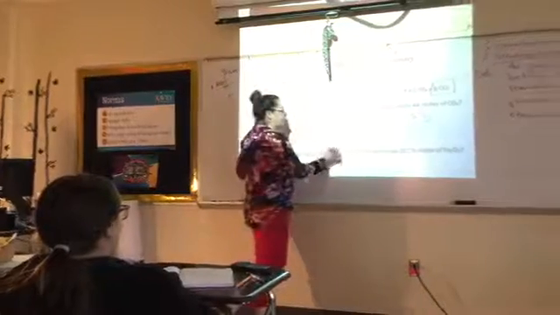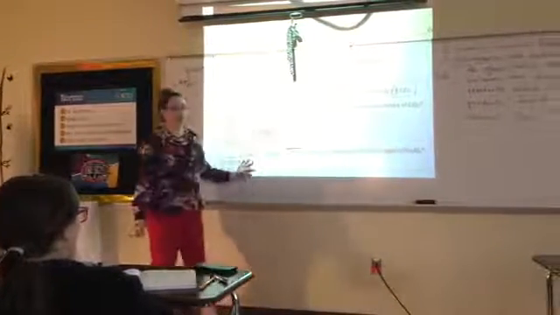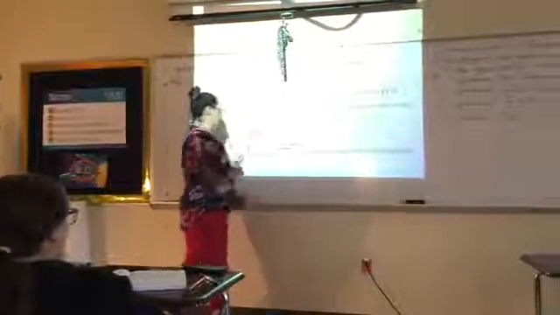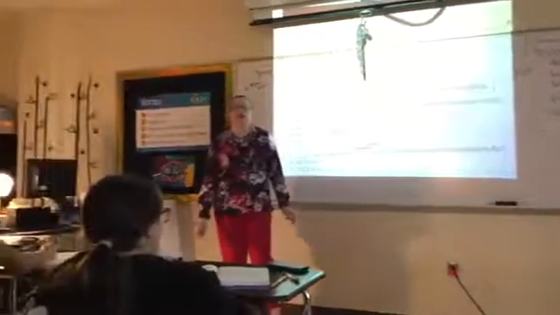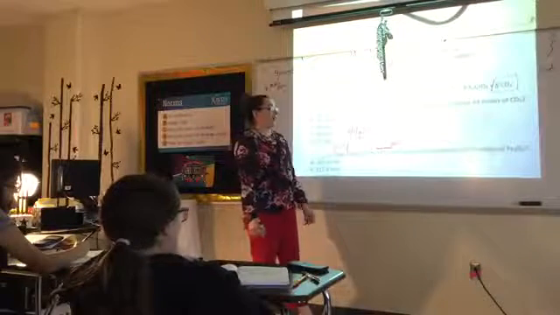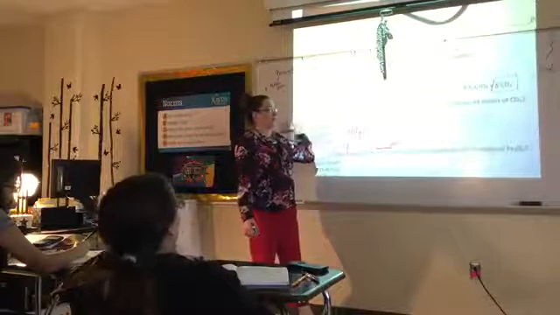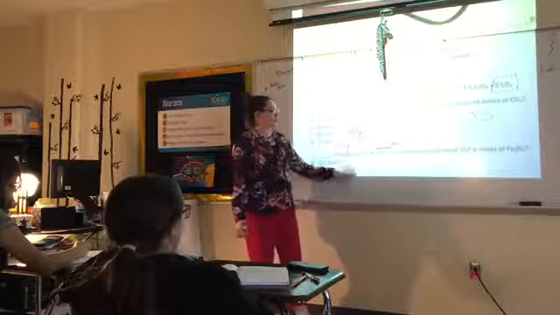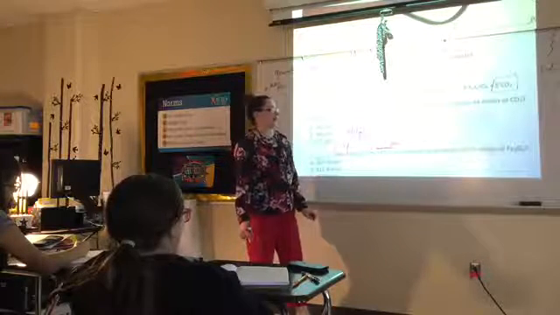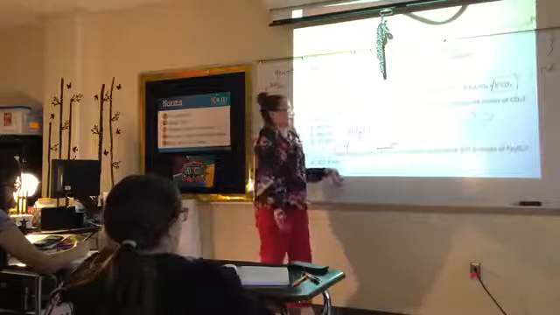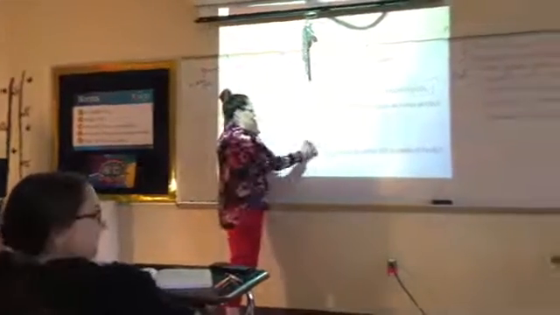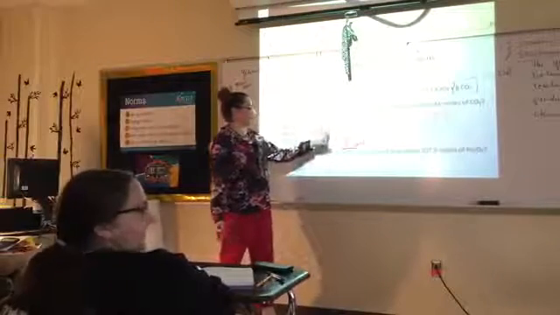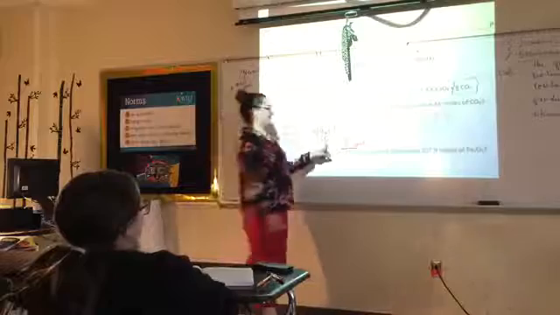What number do you think is going to go here? Yes, I need a moles number, but am I going to use the 8 or the 4? I'm trying to get from carbon dioxide to iron chromate. 4, right? What do you think? 8. Why 8? Because we already have the moles for the carbon dioxide.